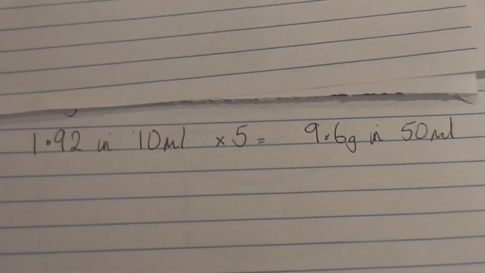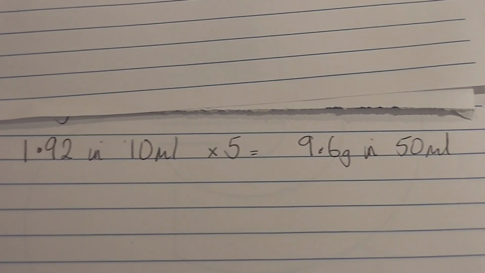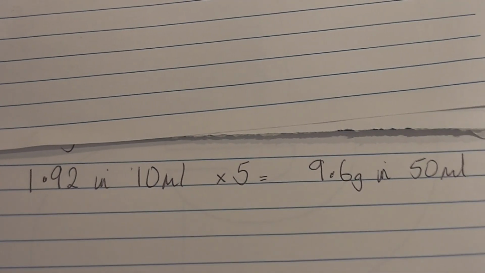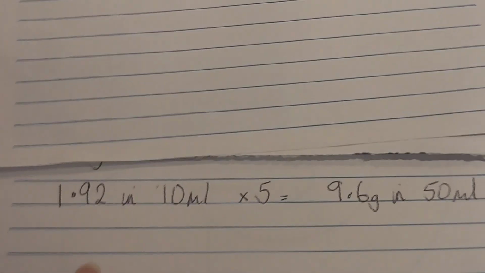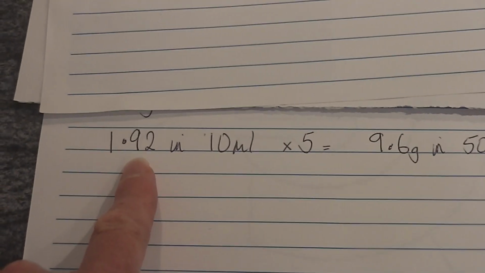Right, so what I thought to myself was, how about we do half of 100, which is 50 millilitres. Now, we know that we can measure 50 millilitres of water fairly easily because we've done that before. And I happen to know, because I've just weighed my citric acid, and there it is, that actually is 10 grams. So I'm safe in saying, if I take my 10 millilitre version, 1.92 grams is actually a bit tight for measuring on electronic kitchen scales, because they only measure down to full grams.